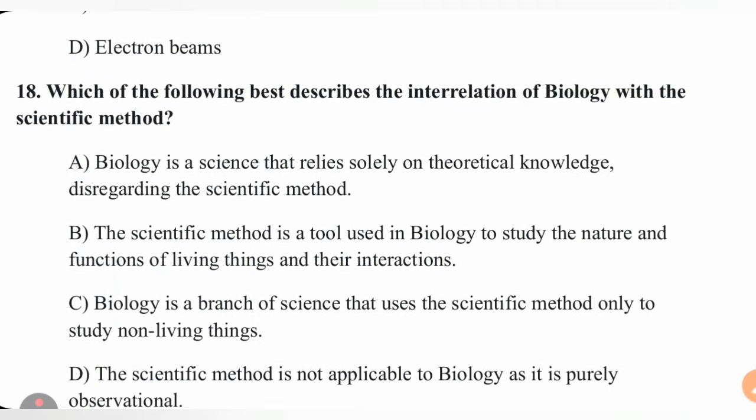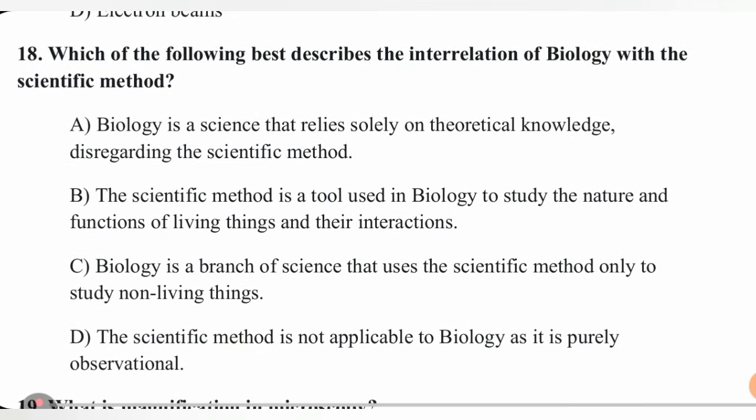Which of the following best describes the interrelation of biology with the scientific method? A. Biology is a science that relies solely on theoretical knowledge, disregarding the scientific method.